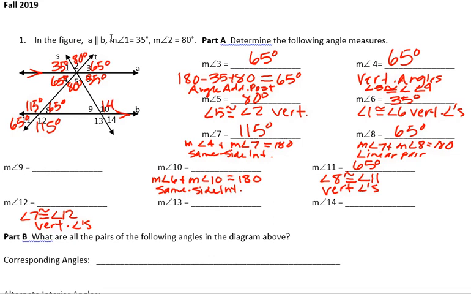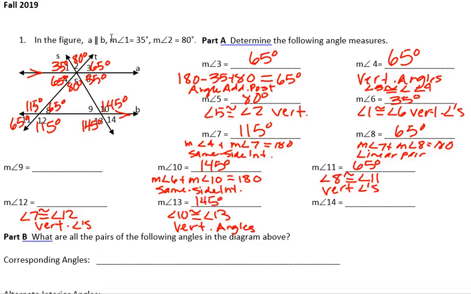So this angle right here is 145, which also means that obviously 13 is 145 because, again, they're vertical angles. So here again we can say that angle 10 is congruent with angle 13, vertical angles again. I'm going to write out the word this time. So that is also 145.